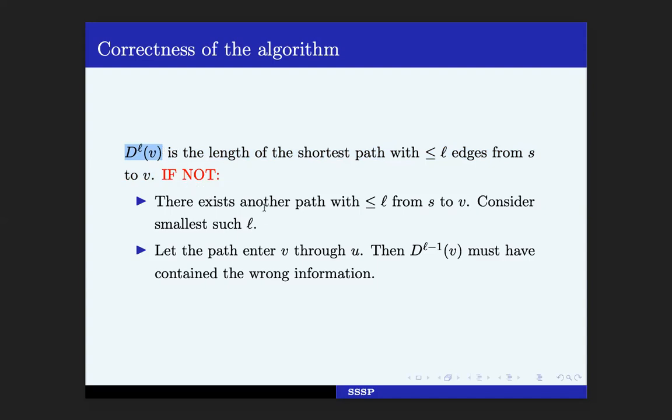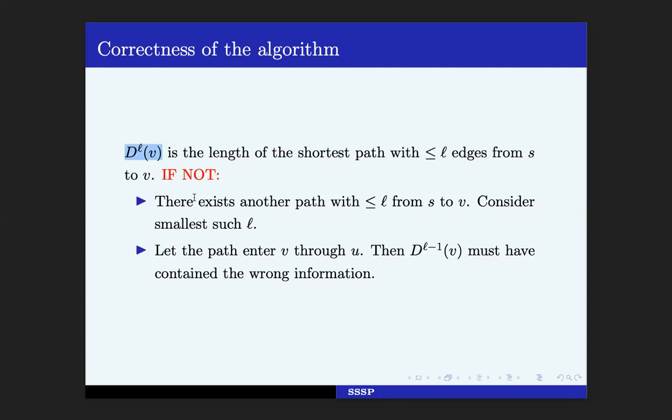Say if not, so if this is not the case, that means there exists a counterexample. Here, by induction hypothesis, we can always assume that we know the correct answer for all L-1 things, for anything that is less than L. So for all K less than L, DKV actually outputs the length of the shortest path with less than or equal to K edges from S to U, S to V.